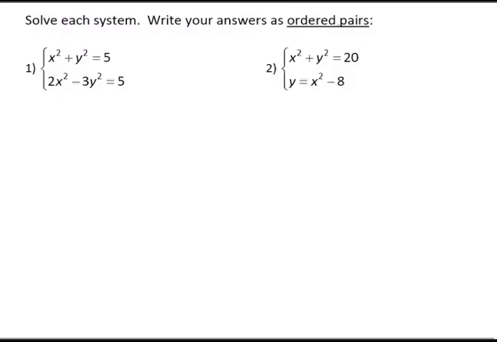The first system has some x squareds and y squareds by themselves. That makes it ideal for substitution. I'm going to solve for y squared and then substitute into the equation below.